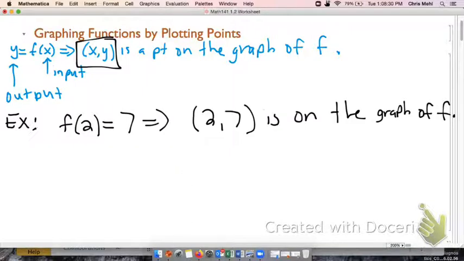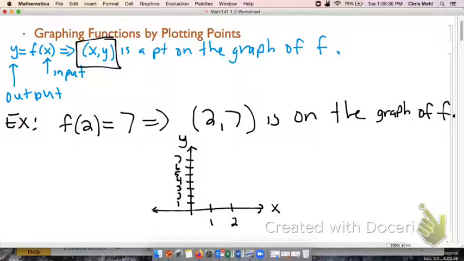Let me just change how I draw my set of coordinate axes. So I have an x and a y axis. If I'm going to plot the point 2, 7, I'd actually have to go 2 units to the right on the x-axis and go up 1, 2, 3, 4, 5, 6, 7 units on the y-axis.